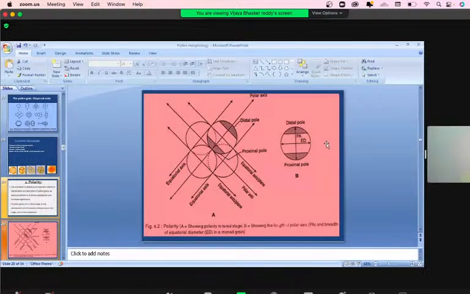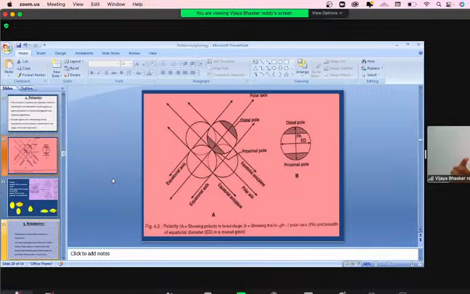Yes, any doubt? If you measure the length of the polar axis and the diameter of the equatorial axis, you will come to know the shape of the pollen grain also.